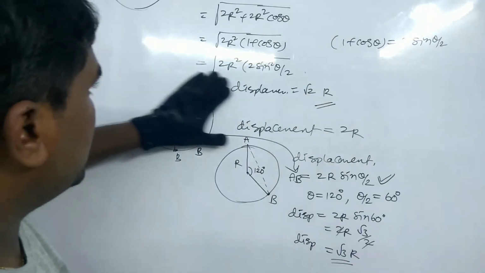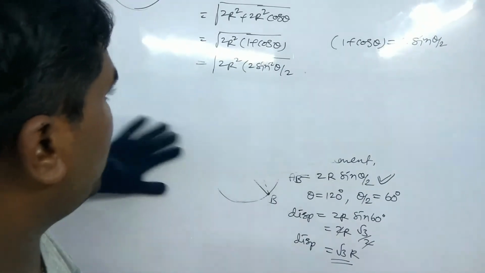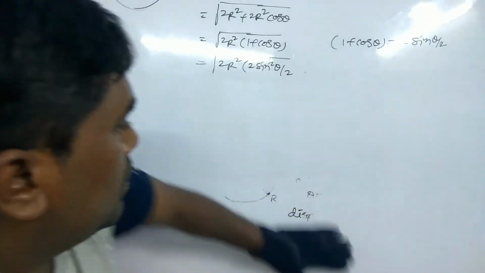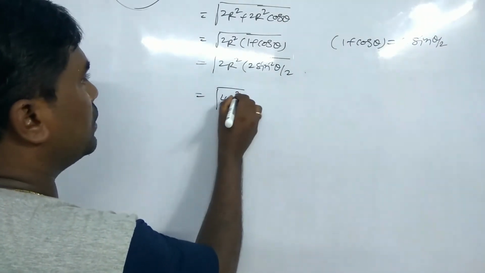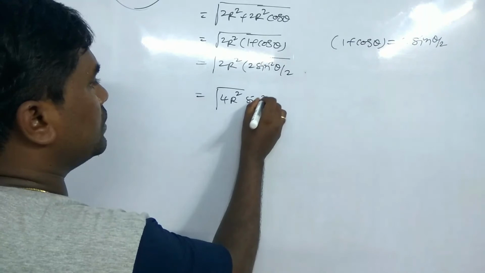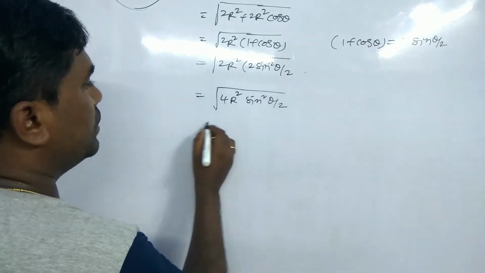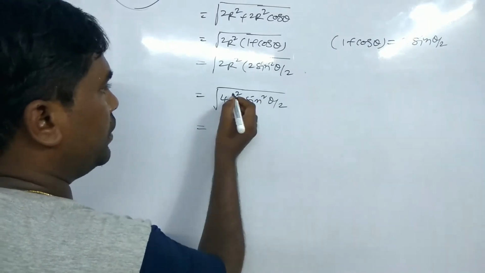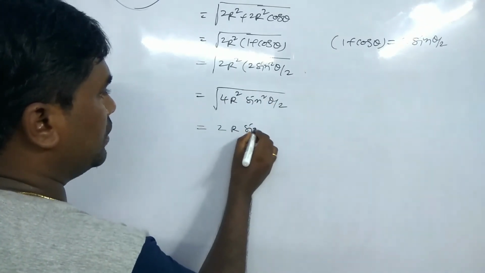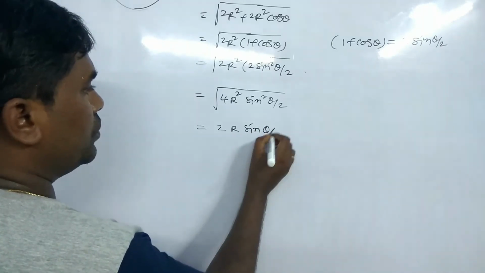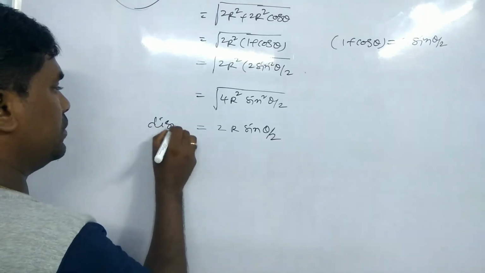Substituting here, it is the square root of 2r square into 2 sin square theta by 2. 2 into 2 is 4, so it is 4r square sin square theta by 2. The square will be cancelled by the root, giving 2r sin theta by 2, which we already wrote, and that is the displacement.